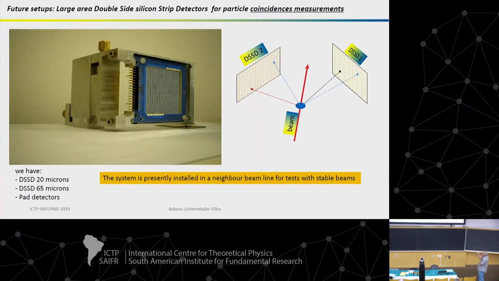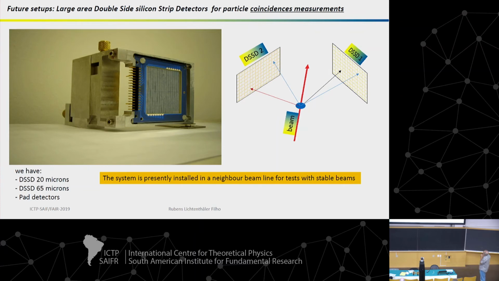So for future setups, we are mounting a system of two double-sided silicon strip detectors. These are large detectors, 5 centimeters by 5 centimeters. And they are strip detectors, so they are able to obtain the XY position of the particle.